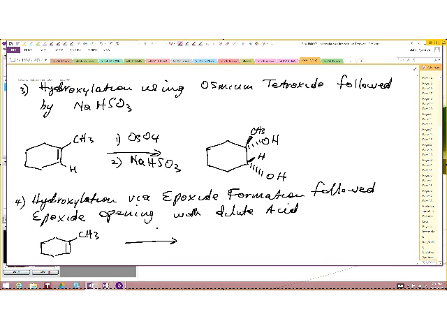To form the epoxide, you use m-chloroperbenzoic acid. Okay, we generally refer to this as MCPBA.